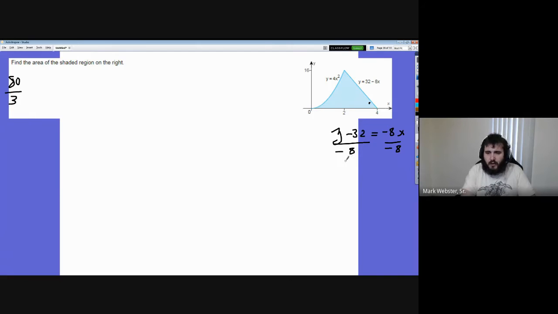We end up with 4 minus 1/8 y equals x. The other one, divide by 4 square root. So we've got 1/2 times radical y, right? So we've done that. That was quick.